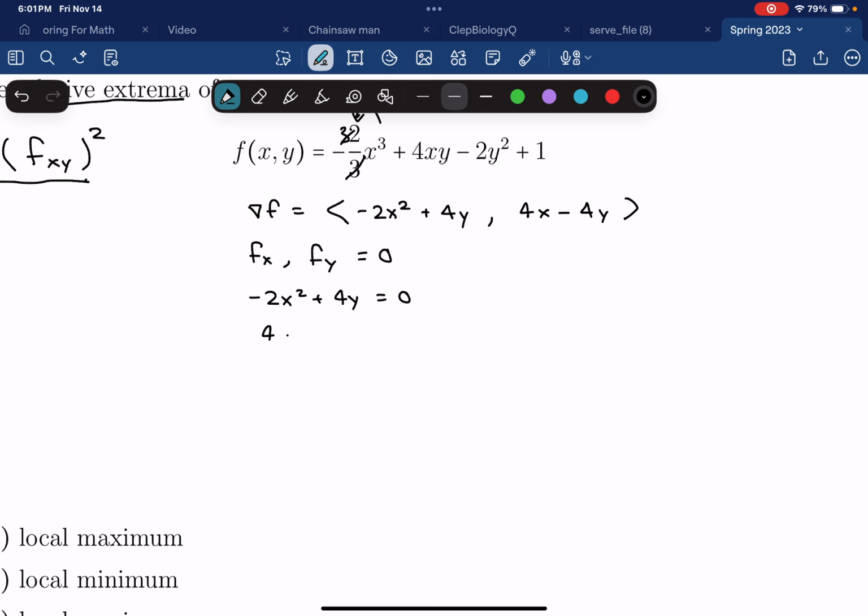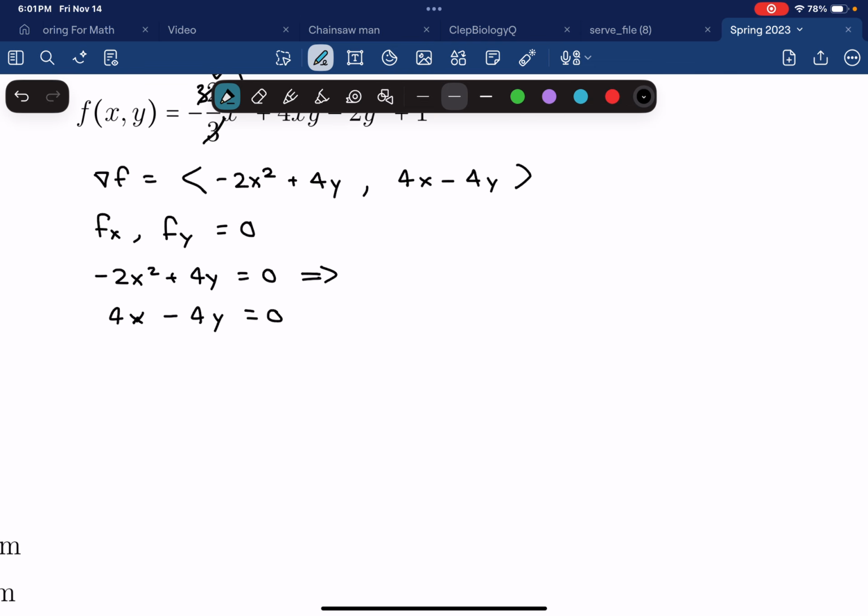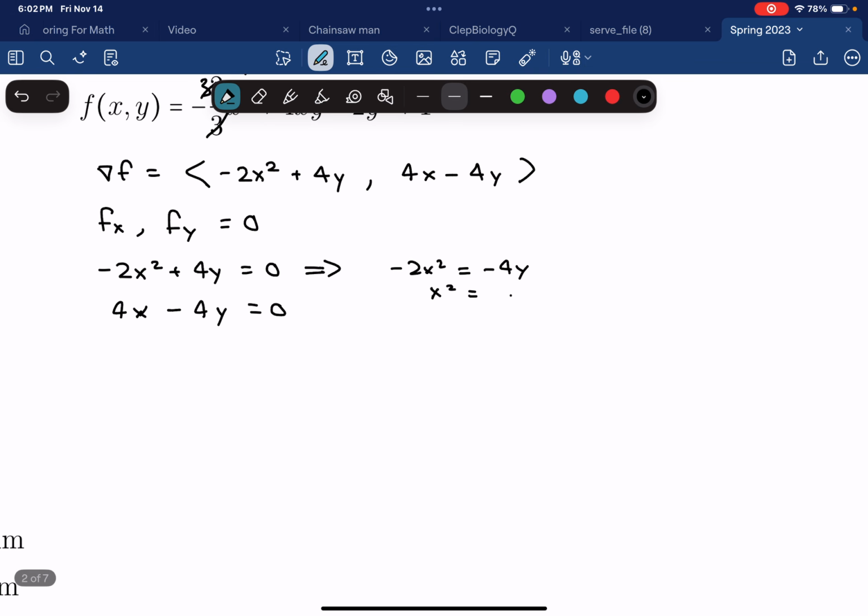Set this equal, whoopsie daisy, that should be a minus. Set this equal to 0. So what will this turn into? Well, I'm going to make this into negative 2x squared equals negative 4y. So x squared is equal to 2y.